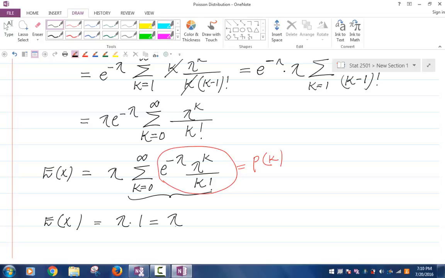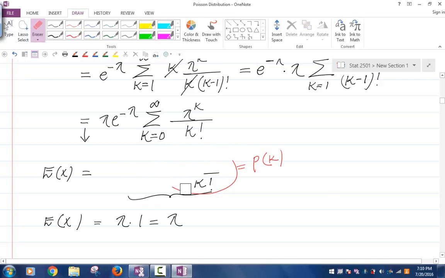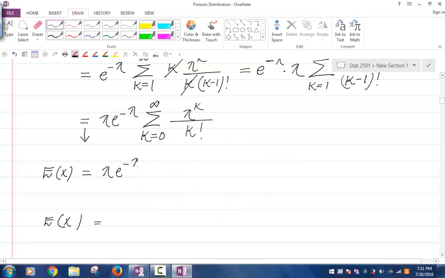Now there is another way of going from this step. Let me show you that as well. So instead of writing what I wrote here, I'm going to say the following. Well, I have lambda times e to the minus lambda, and now think about this sum.